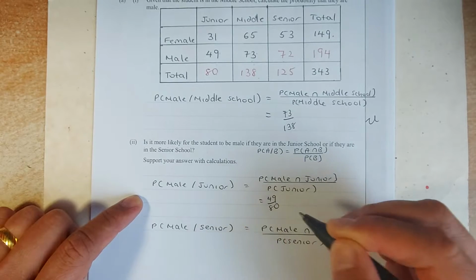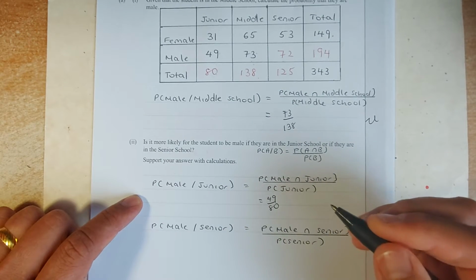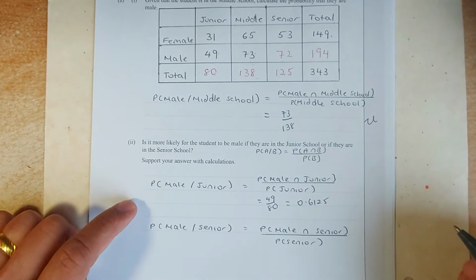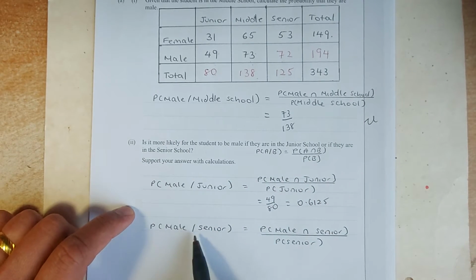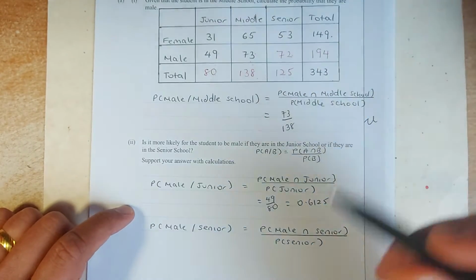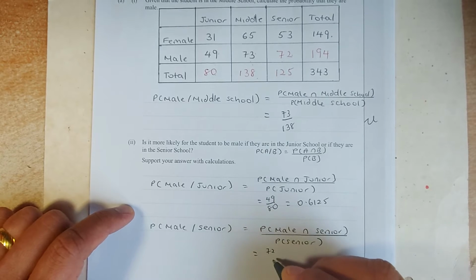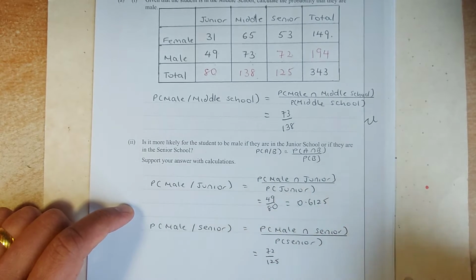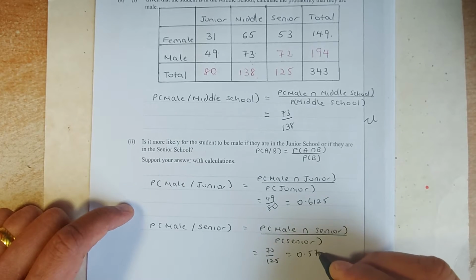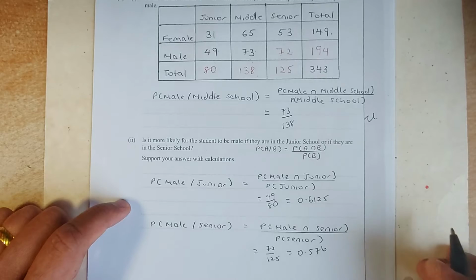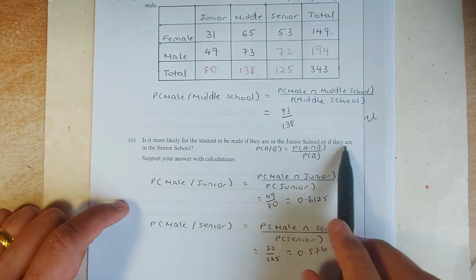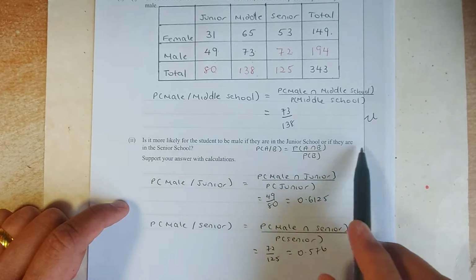If you put it in a calculator, it is 0.6125. And then the next part they ask you, it is a male, given that it's a senior school. So in a senior school now, the probability that it's a male is 72 out of 125. If you put it in a calculator, it is going to be 0.576. So the question asks, is a male more likely if they are in a junior school or senior school?